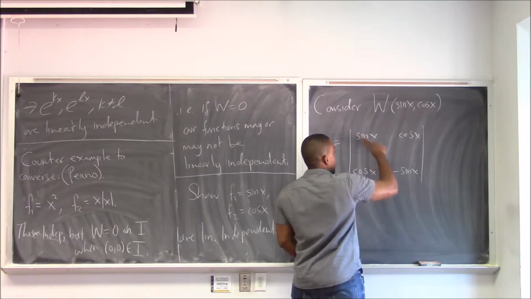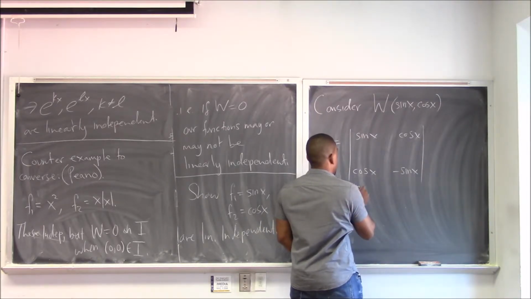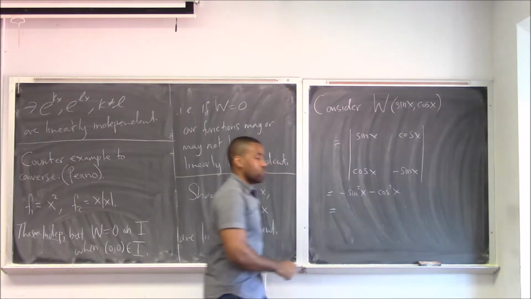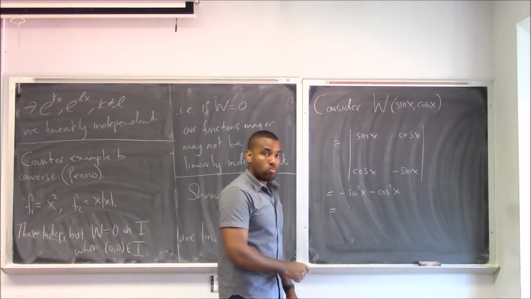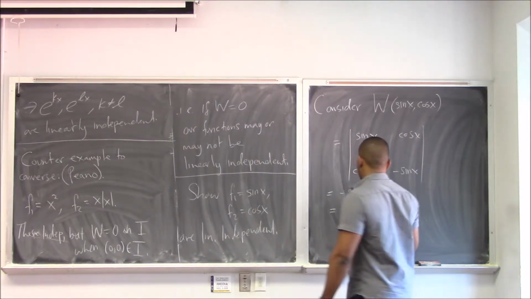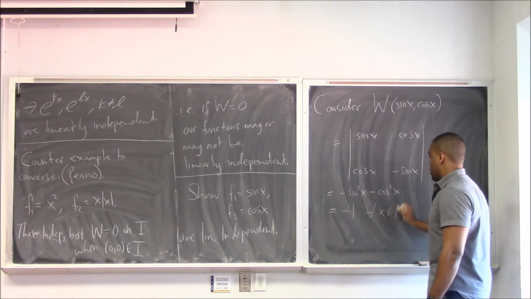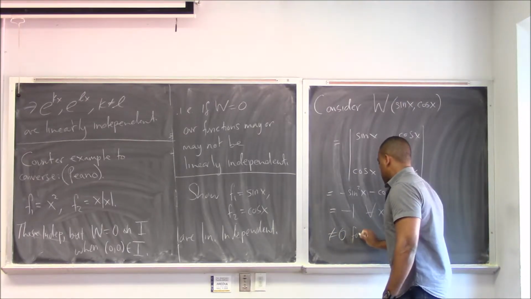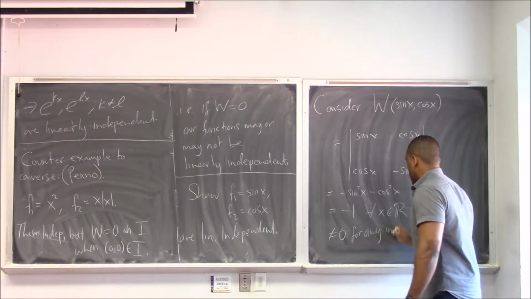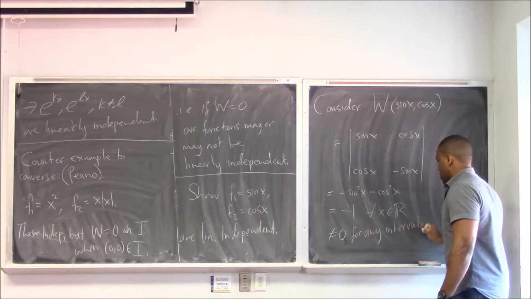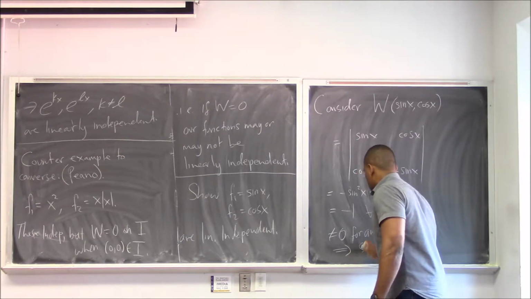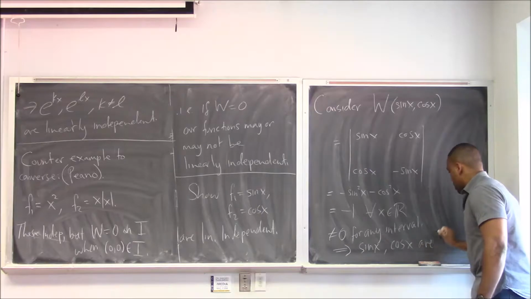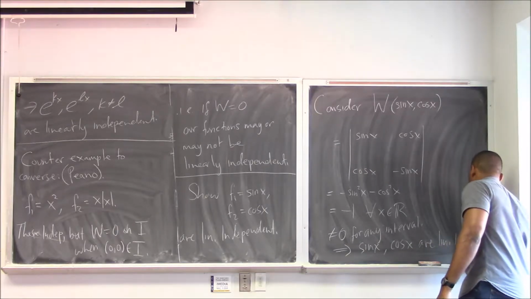Then this would be minus sine squared minus cosine squared, which is actually negative 1 for all x, which means not 0 on any interval. Which means sine x and cosine x are linearly independent.